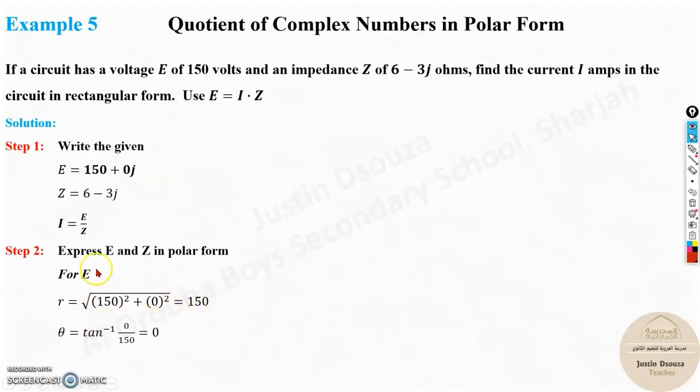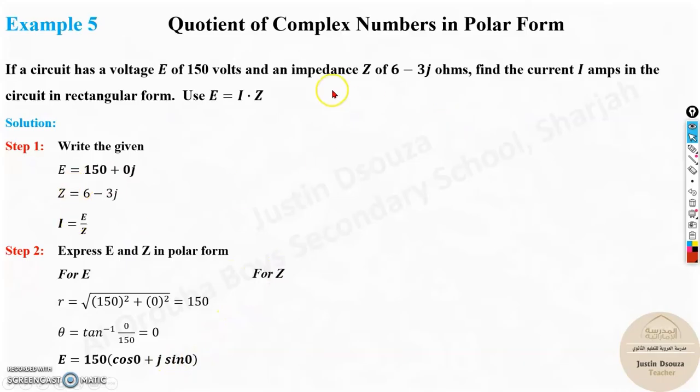And the angle is, see, this is positive, isn't it? A value is positive. So this is the formula. Tan inverse of 0 by 150. Put it in the calculator, you'll get the answer. We have done this already before. This is the polar form, 150 cos 0 plus j sine 0.